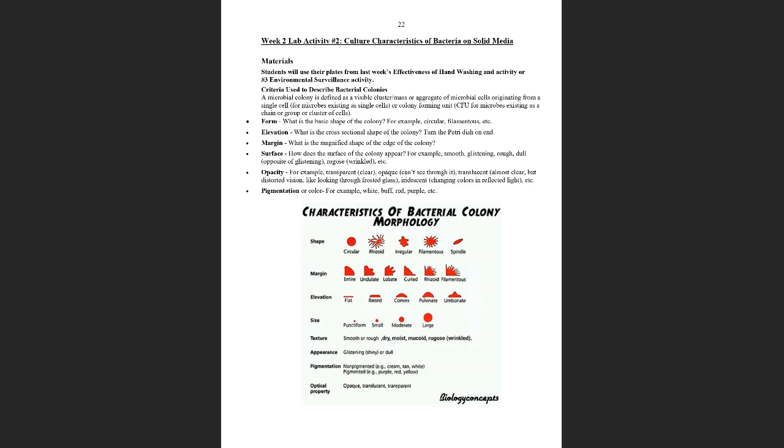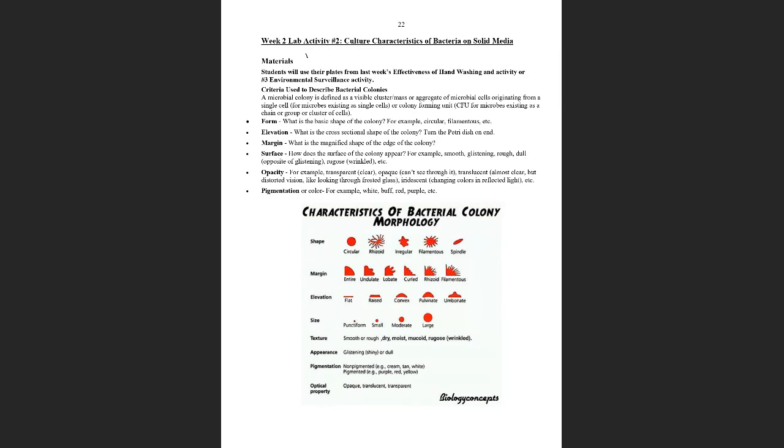Okay. Next activity is to familiarize ourselves with how to distinguish colonies from each other. Because there's something called a microbial colony. I gave you a definition last time, right? It's an aggregate of microbial organisms on the surface of a solid growth medium. Bacteria make colonies on the surface of solid media.